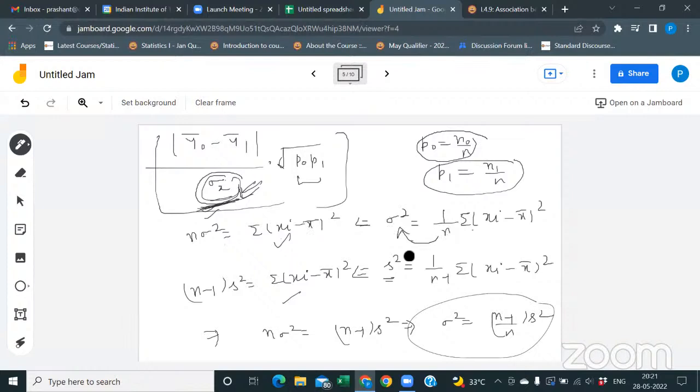Now can I write n minus 1 small s square equals summation xi minus x bar square? So this is the same as this. So can I write n sigma square equal to n minus 1 s square? So your sigma square will be n minus 1 divided by n into s square.